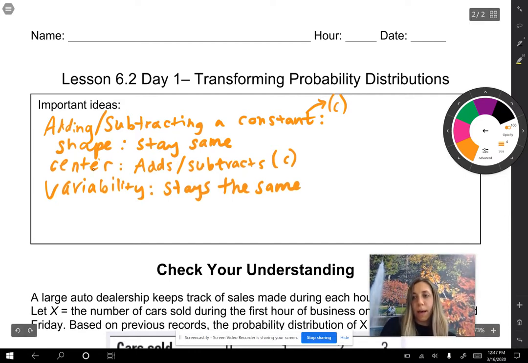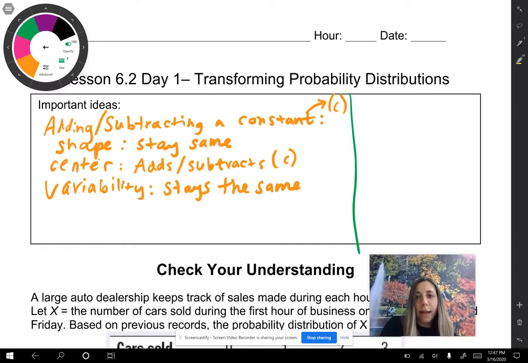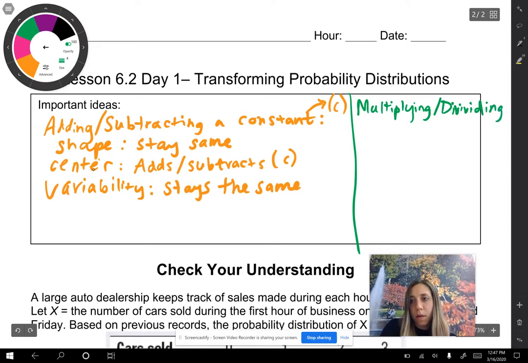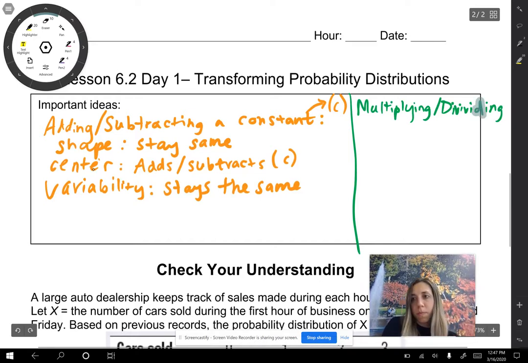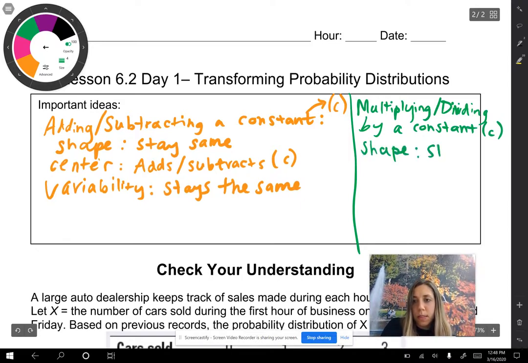If we're talking about multiplying or dividing by a constant, and we'll call that C here as well, the shape will stay the same.